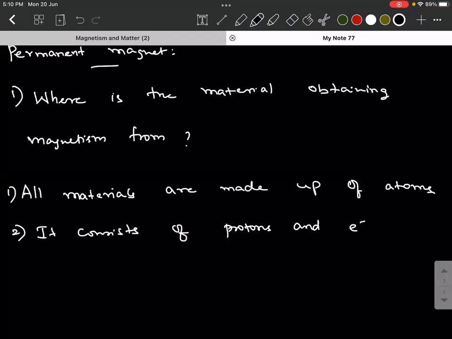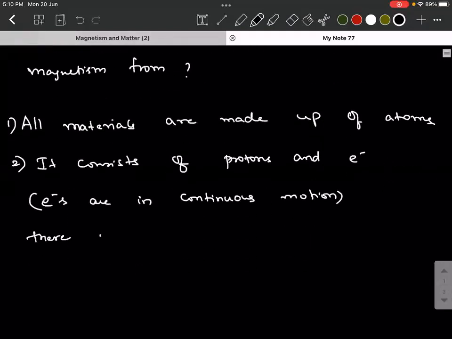Who are the charges which have the capability to move around the material? Electrons. And we know that electrons are in continuous motion.